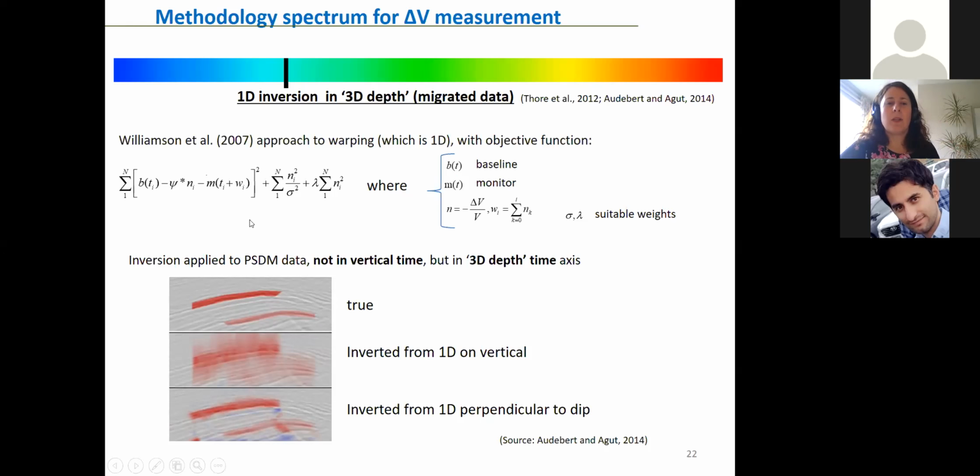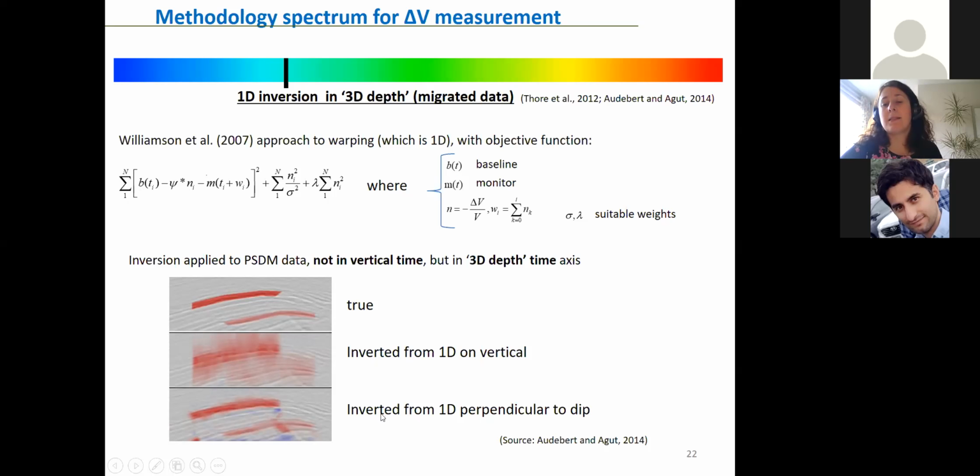So using this 1D inversion onto this 3D depth time axis, okay, they actually showed, and this is from a synthetic study, that this is the known true location of the velocity perturbation. This is inverting using this equation, but assuming a vertical ray path, and you see how everything is just smeared.